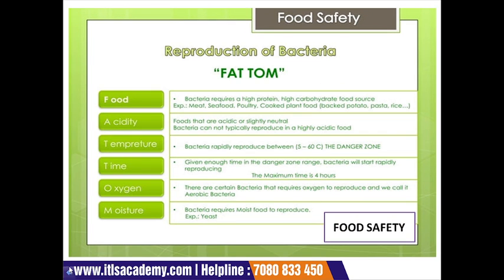Now, how do bacteria reproduce? For the reproduction of bacteria, we require FATTOM. F for food, A for acidity, T for temperature, T for time, O for oxygen, M for moisture.